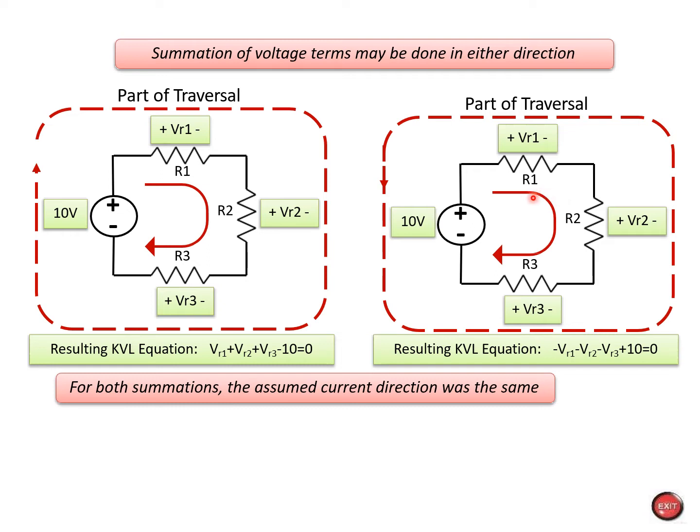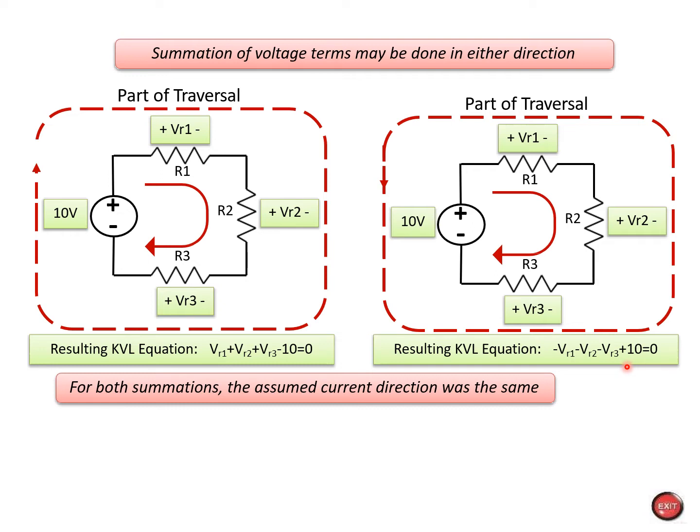But when you reach the battery, the potential increases, so it takes the positive sign convention, and its value is plus 10V. The resulting KVL equation is minus VR1 minus VR2 minus VR3 plus 10 is equal to 0.